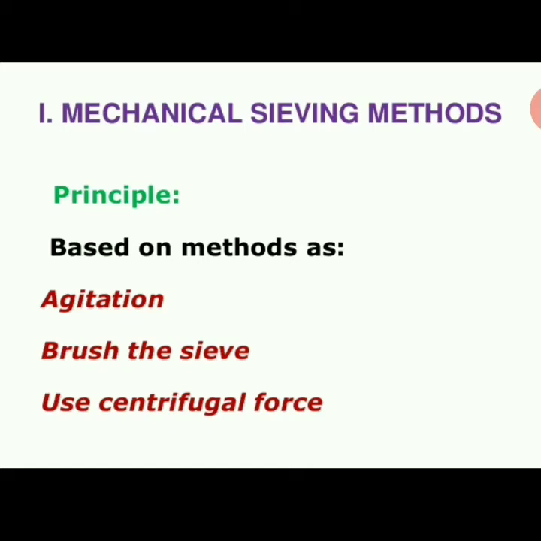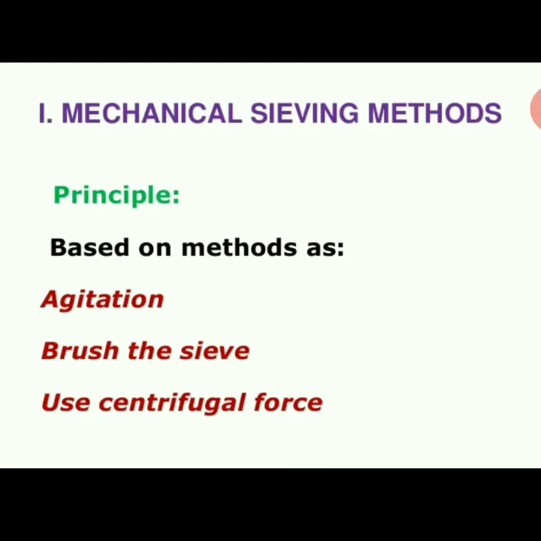In the size separation chapter, there are three types of modes: agitation, brushing and centrifugal force. Here screening is a method of separating particles according to size alone. The basic technique involved is passing the particles through a series of sieves of uniform size.